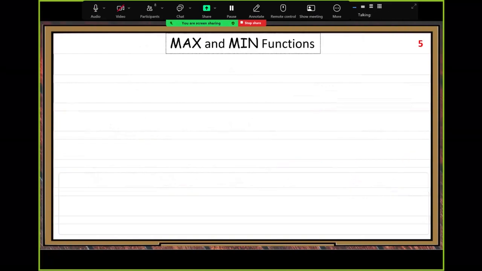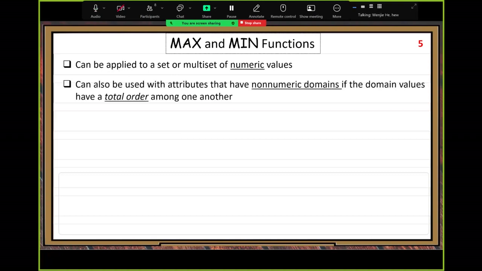Max and min functions can be applied to a set or multi-set of numerical values. That's the first case, numerical values. They can also be used with attributes that have non-numeric domains if the domain values have a total order.